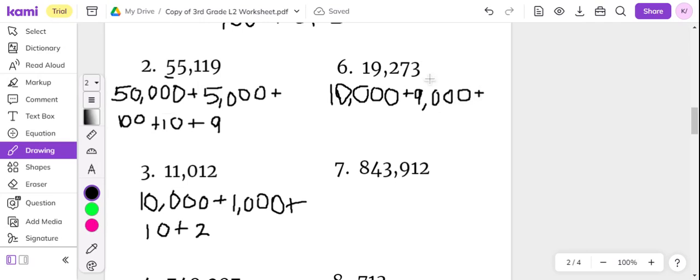Plus 200 because of that 2 in the hundreds place. Plus 70. And then plus 3.